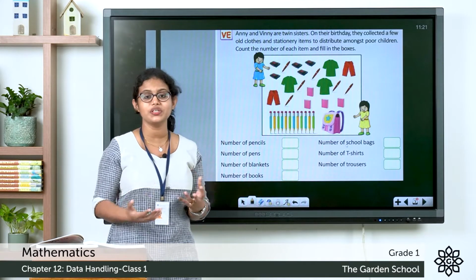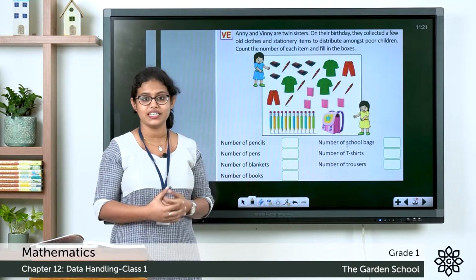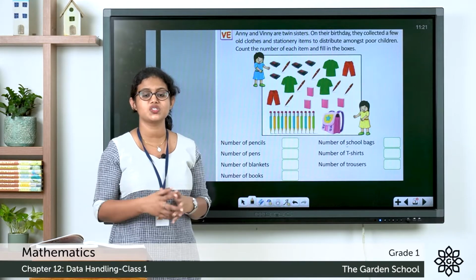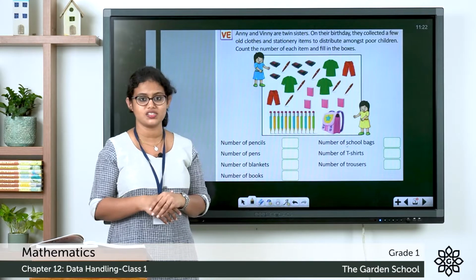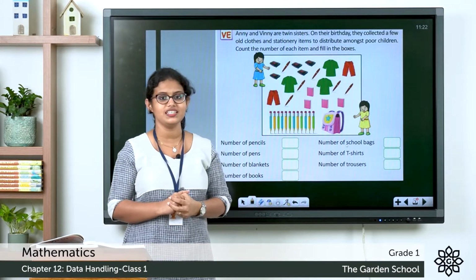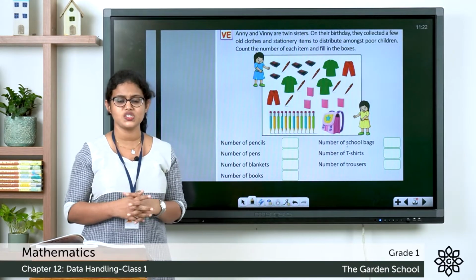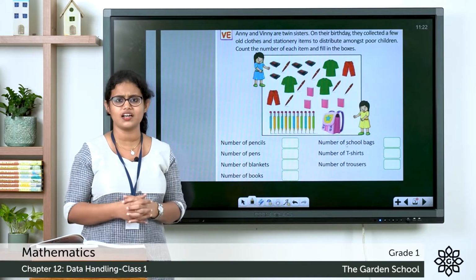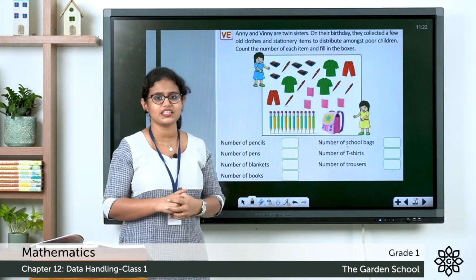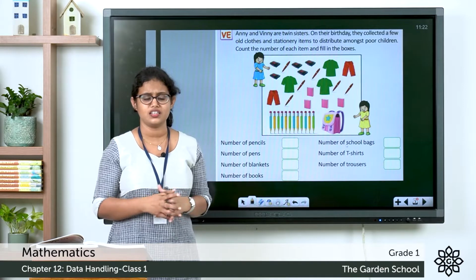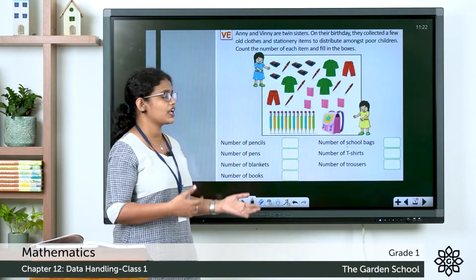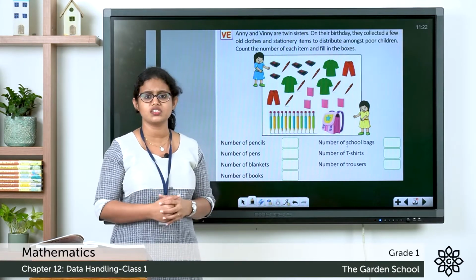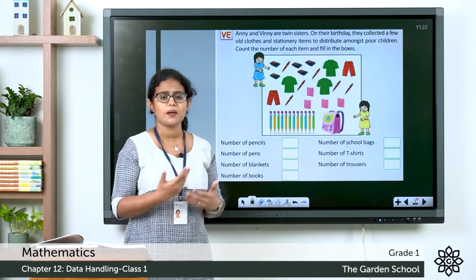On their birthday, they are planning to donate some items to poor children. Here you can see the different items. So this we can call data. What all things are here? There are pencils, pens, t-shirts, books, bags.